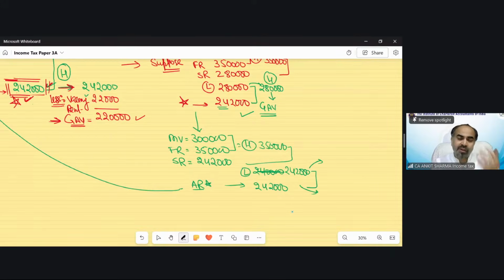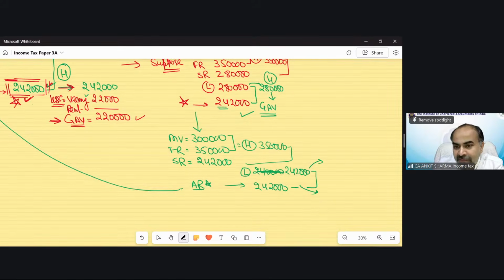So it will affect your taxability. So what will happen if the standard rent, that means government value, and our actual rent value is equal? In this situation, it would matter which you consider higher, because in one case you can reduce vacancy rent, in the other case you cannot.